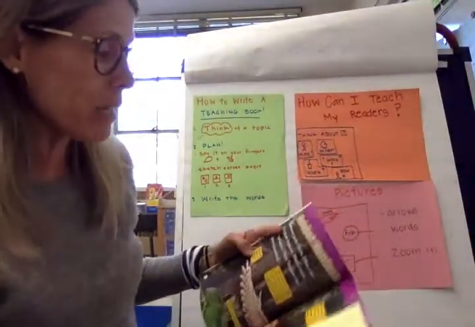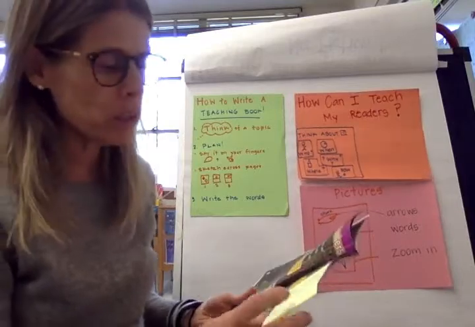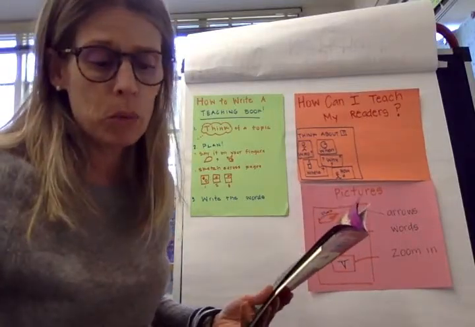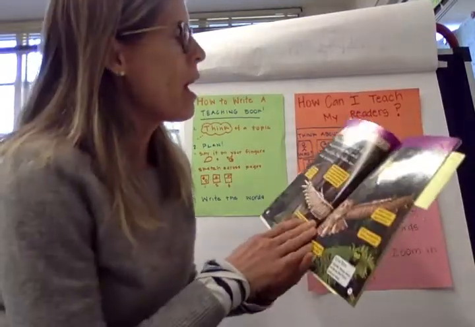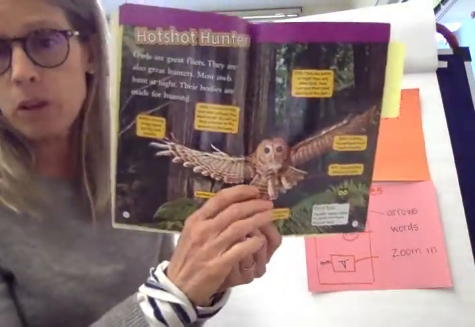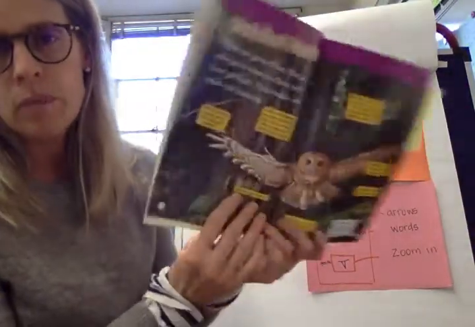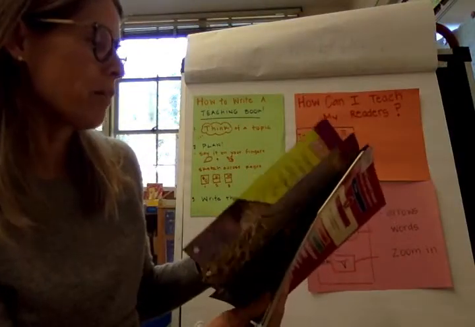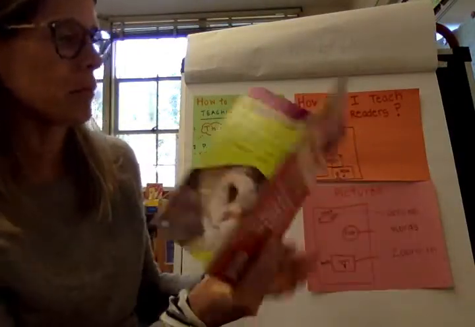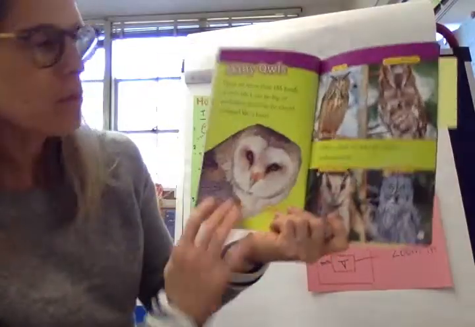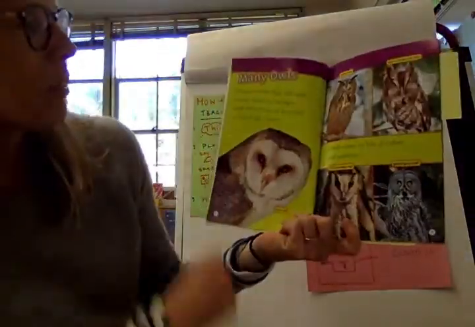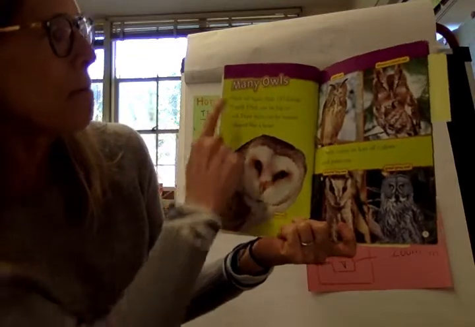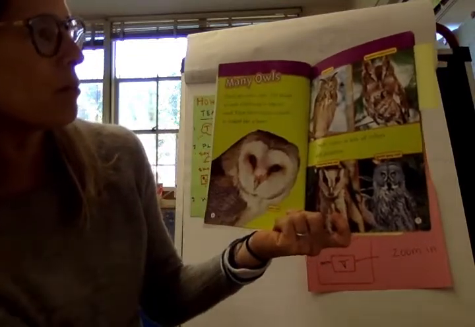So I wanted to come into my book. We looked at this book this morning when we were talking about reading, and we're going to go back to our owl story. One thing that we noticed this author did, this is the page I want to be on, is use titles, like Many Owls.